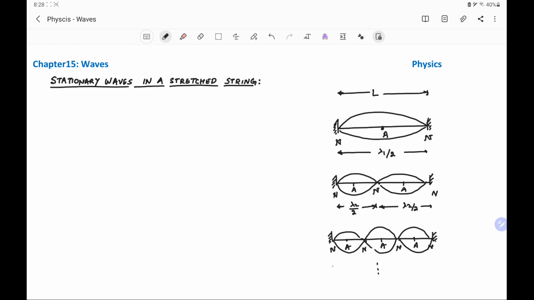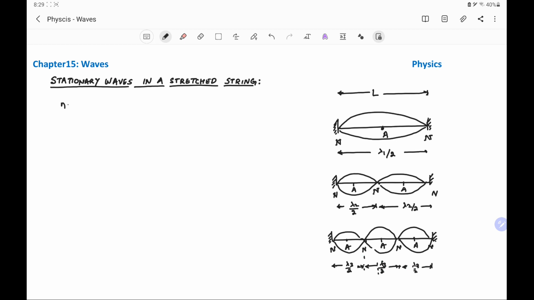In the third case, when the oscillations are in three loops, lambda 3 is the wavelength of the wave, and again, between two successive nodes the distance is lambda 3 by 2.